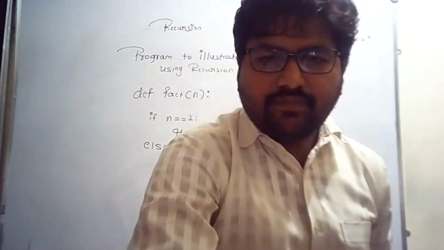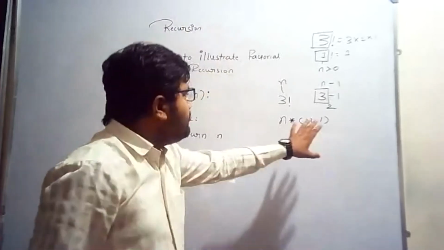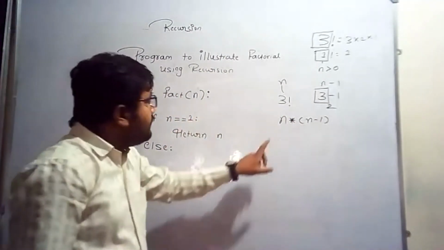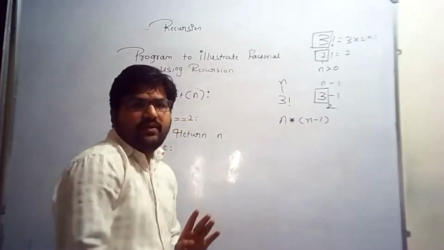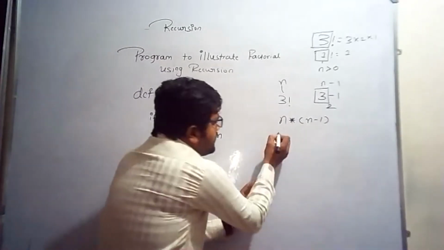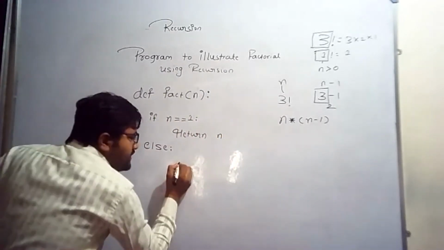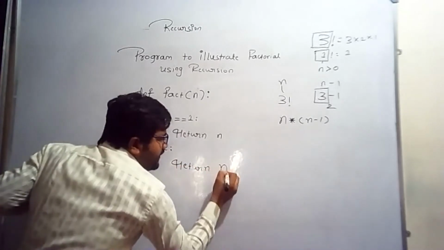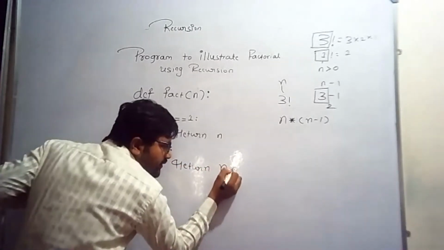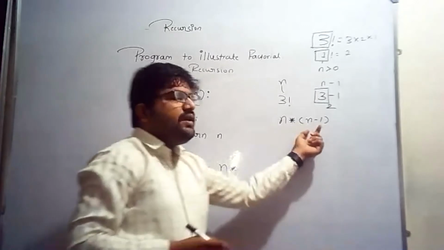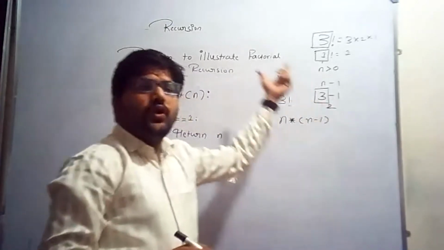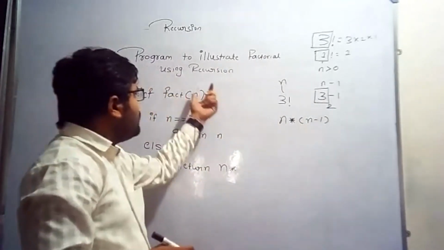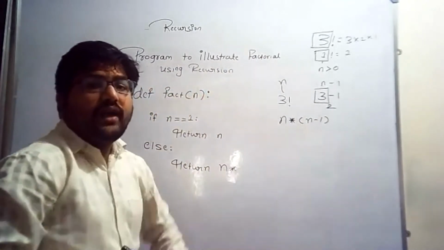Raise your hands. This one I need to return if n is not 1. Which one? This formula. But n, I will write as it is. Return n into fact of n minus 1. N minus 1 should be passed to fact here.